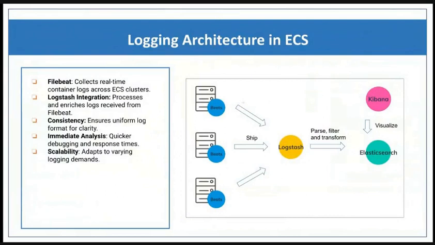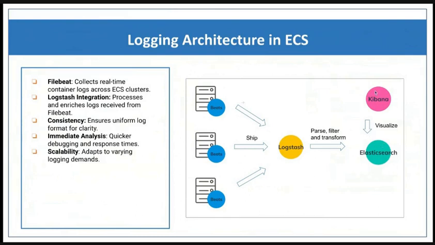On the topic of monitoring and logging, in each of our container instances we are running Filebeat as a daemon set. What Filebeat does is look at all of the logs that your containers are producing and ship them to Logstash, where they get parsed, filtered and transformed, and then ingested into Elasticsearch.